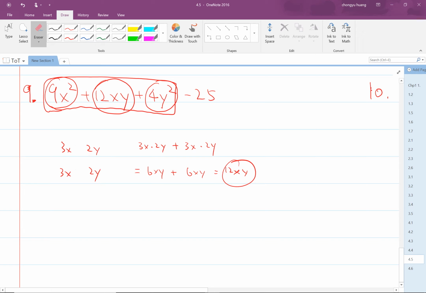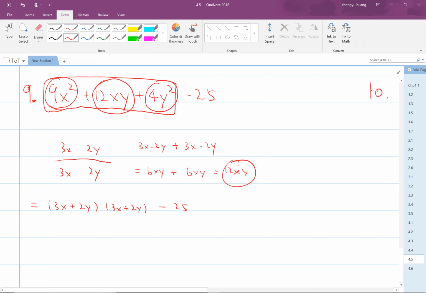So we get the right combination for the left part, and then you write it down: 3x plus 2y, and then 3x plus 2y, and then we have minus 25.